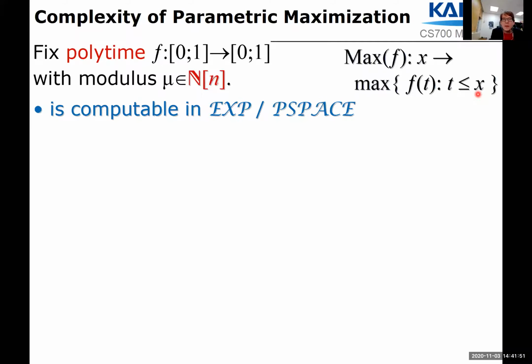So let me point out that we're here in the non-uniform setting where we fix a polynomial time computable function. We're not yet ready in this stage of the lecture to talk about uniform complexity theory of functionals and operators, because that requires somehow inputting a function. And as we will see later, inputting a function is a delicate endeavor.